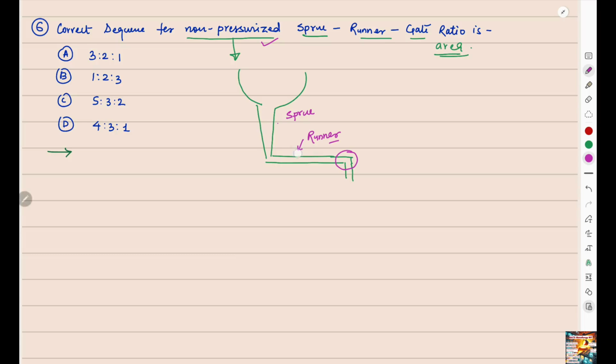Suppose we have the area ratio as 1, 2 and 3. That means the area at the sprue is 3 times, the area at the runner is 2 times, and the area at the gate is 1 times. That means the area at the gate is lower and the area at the sprue is larger. So there is a development of pressure from sprue to the gate. So this is called a pressurized system.